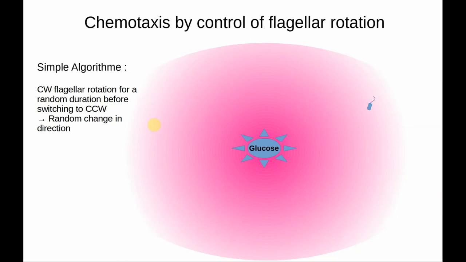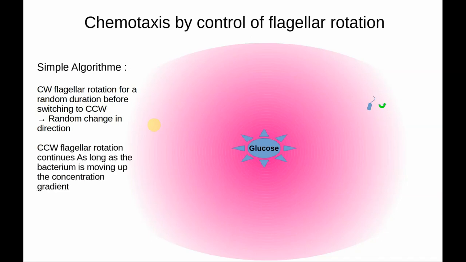So you've got a random change in direction, and then the flagellum is going to start rotating in an anti-clockwise direction. Then this anti-clockwise rotation is going to be maintained as long as the bacterium is moving up the concentration gradient. That is, as long as it's moving towards the glucose.